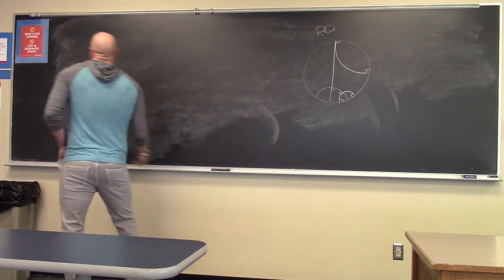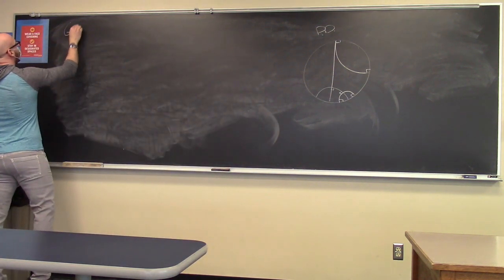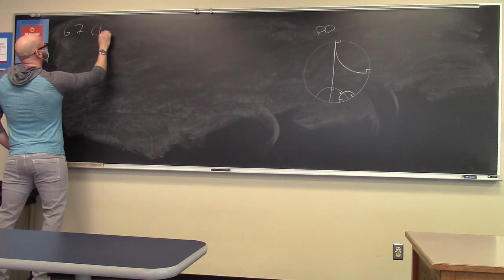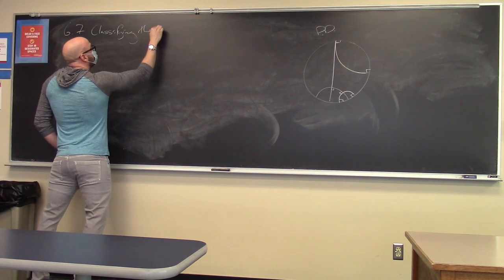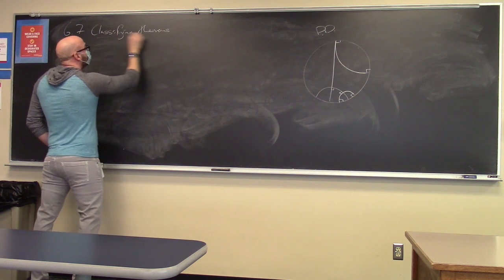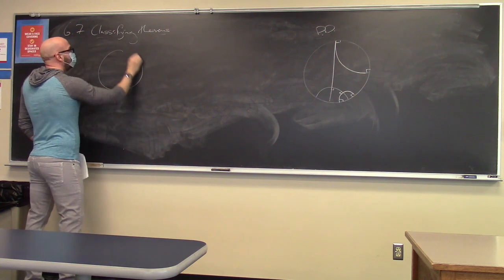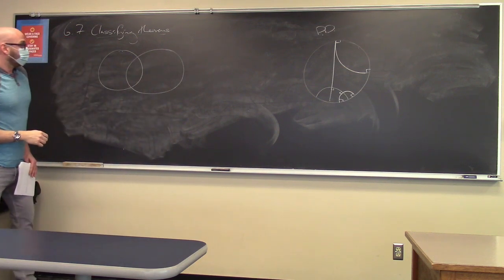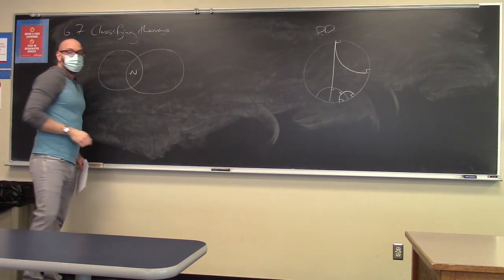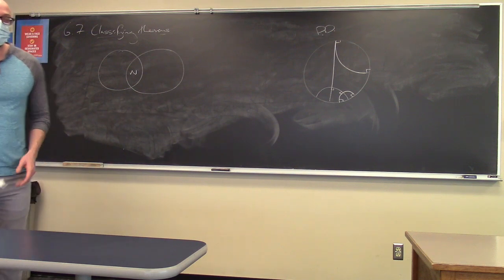At the last section, we just talked about this. I don't have a whole lot to say. 6.7 was classifying theorems. Really short section. We just observed that some theorems are neutral, so they're Euclidean theorems and hyperbolic theorems.